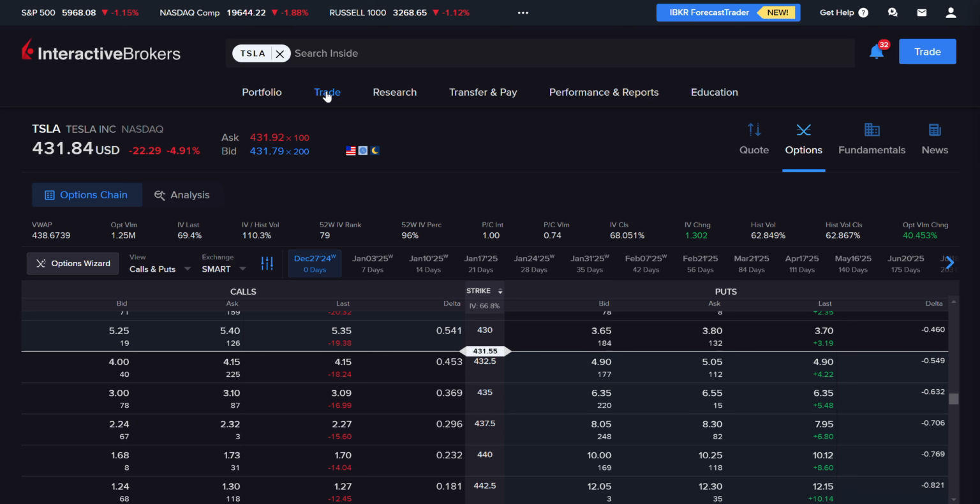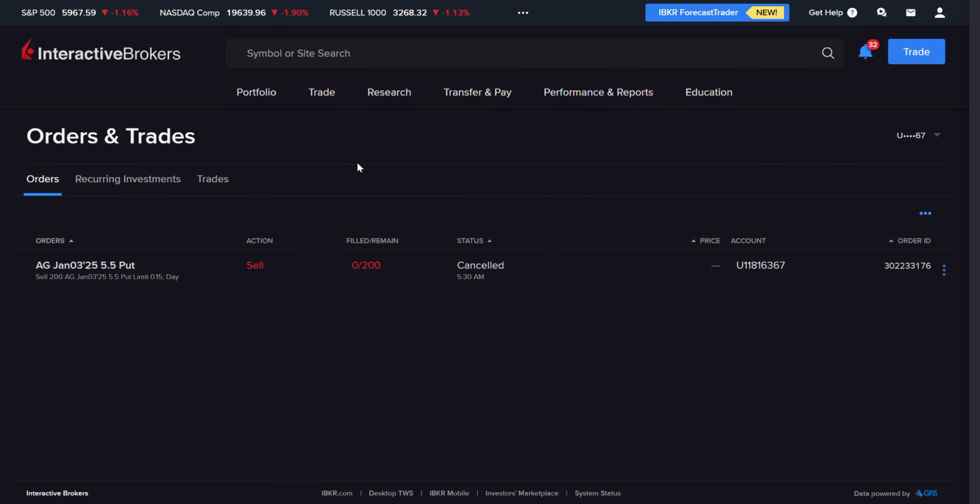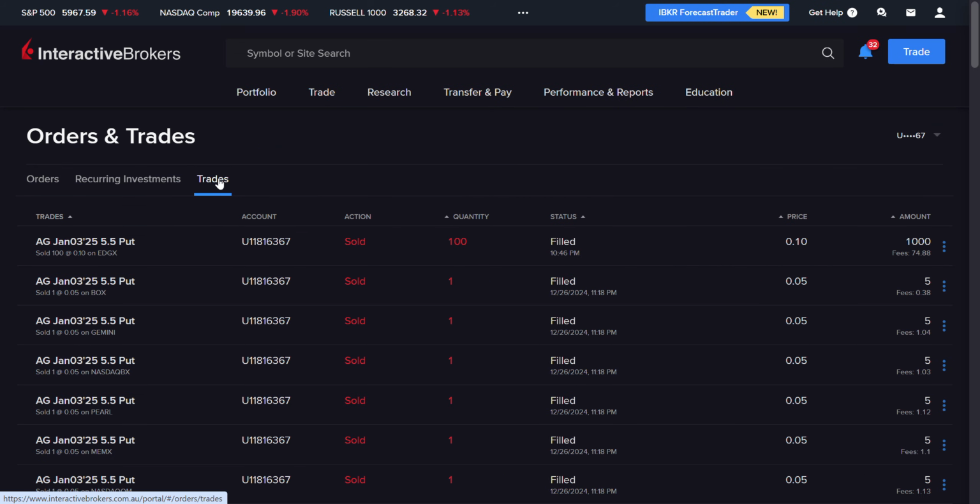One more piece of information before I end this lesson, which is to tell everyone how to read the title of the options. For example, AG is the stock ticker, and January 3, 2025 is the expiration date of the contract. $5.50 is the strike price, and put or call is the type of option contract.